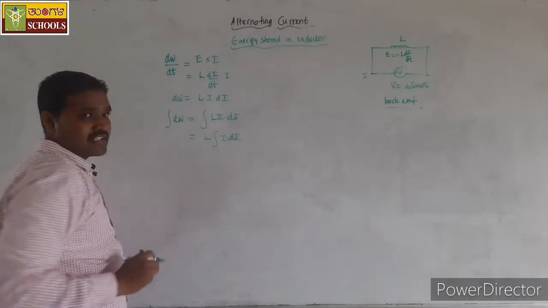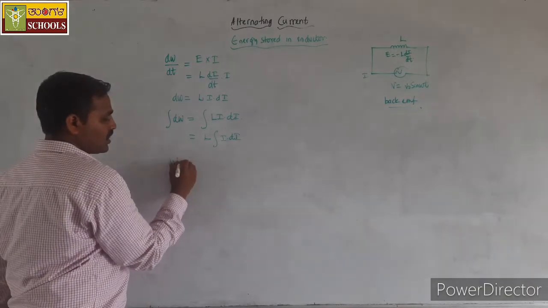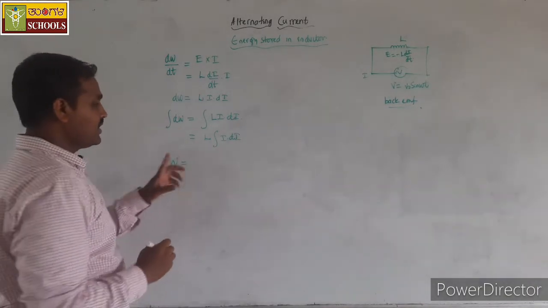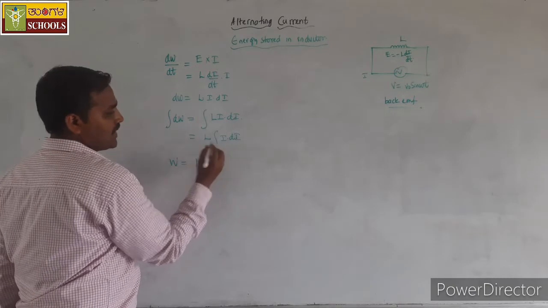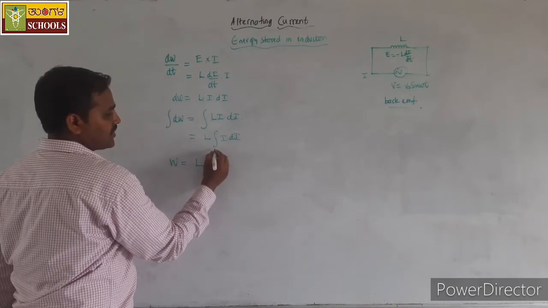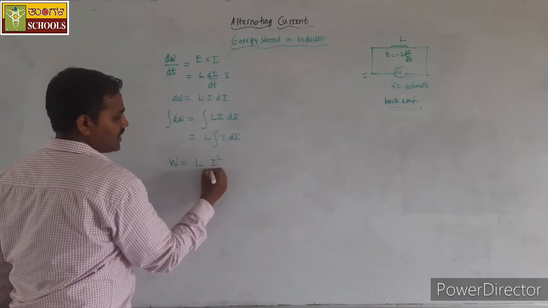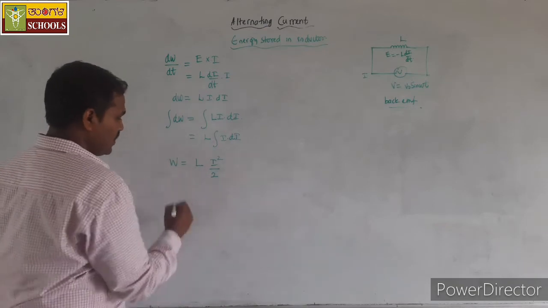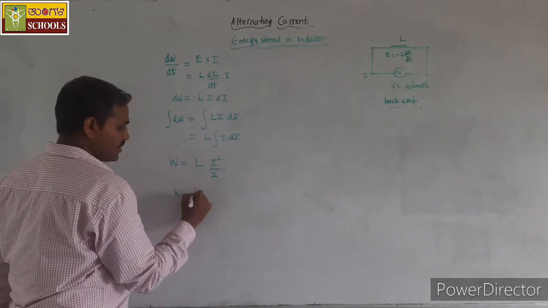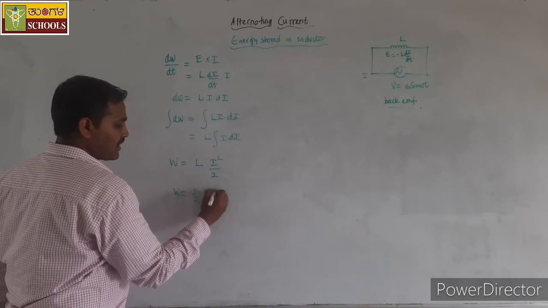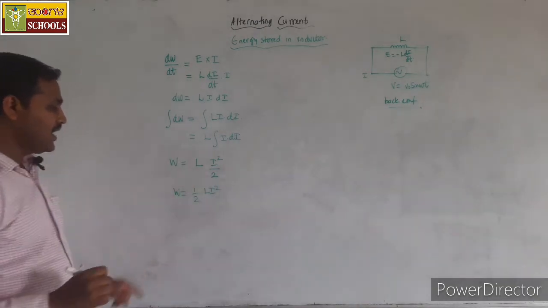This integration of dW is the total work done. The total work done is equal to L into the integration of i, which is i square divided by 2. So this work done I can write as half L i square.